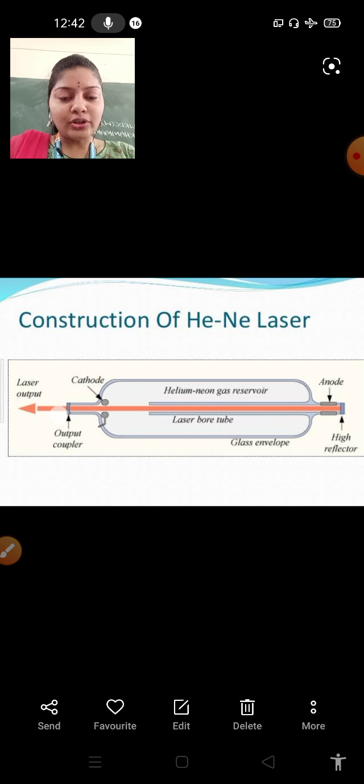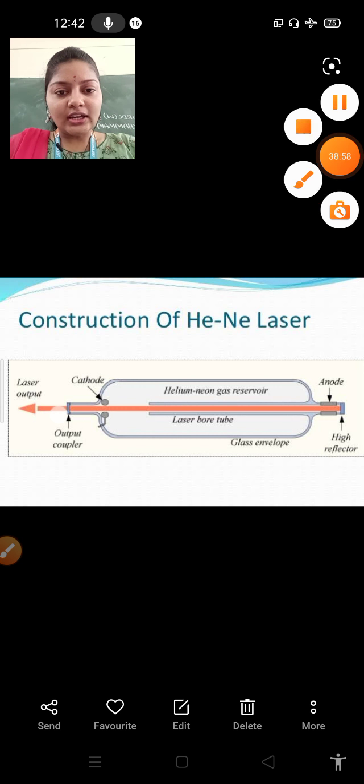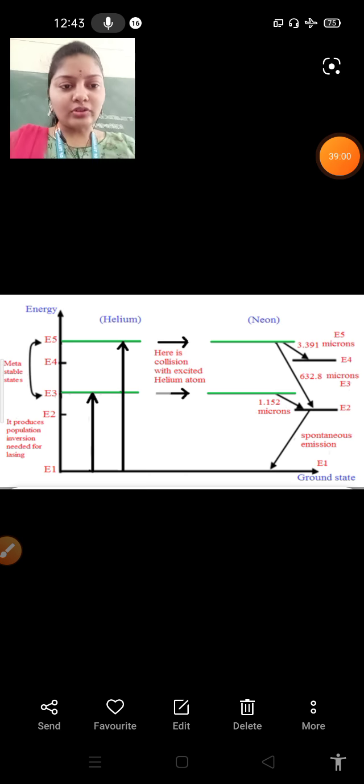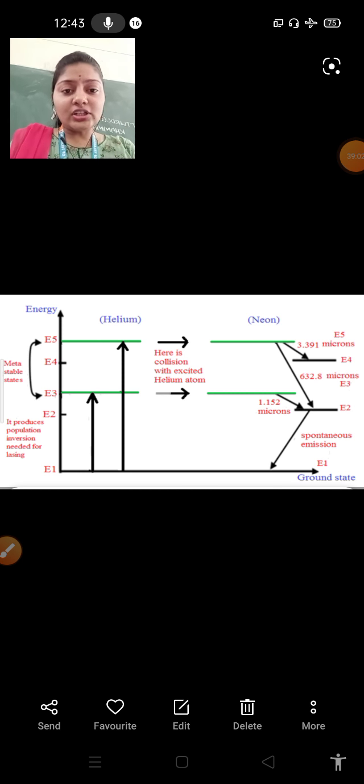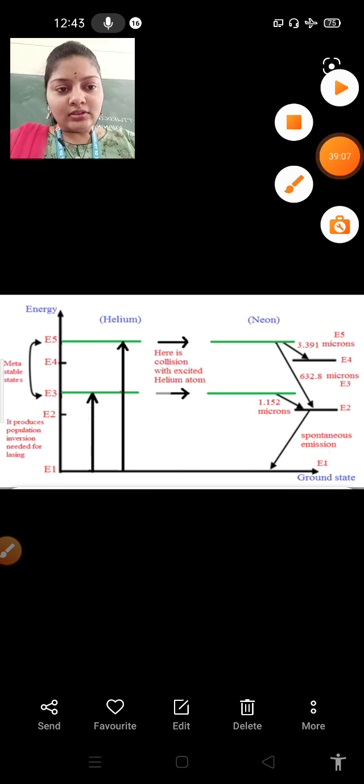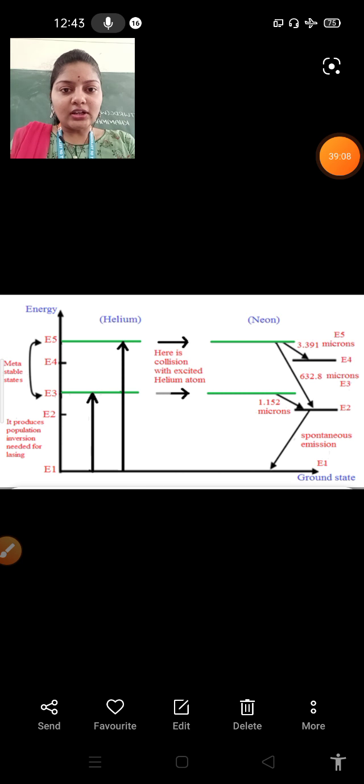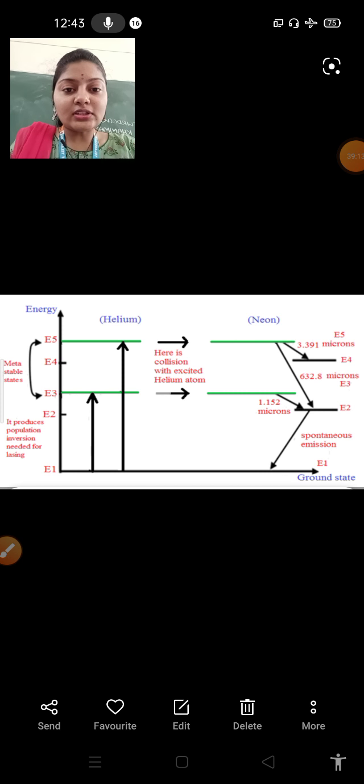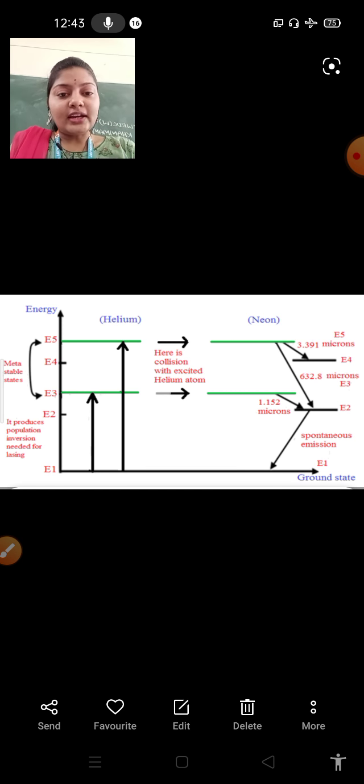And as I already told you, the helium neon laser is a 4-level laser system. See here the energy level diagram of the helium neon laser. Whenever the atoms are in the ground state, we give energy to the ground state. Here the pumping process is electrical discharge pumping. By using it, the atoms in the ground state can be excited to the higher energy states.